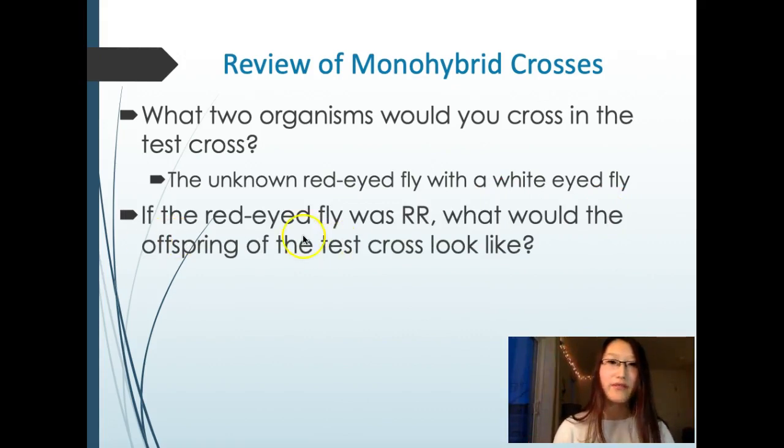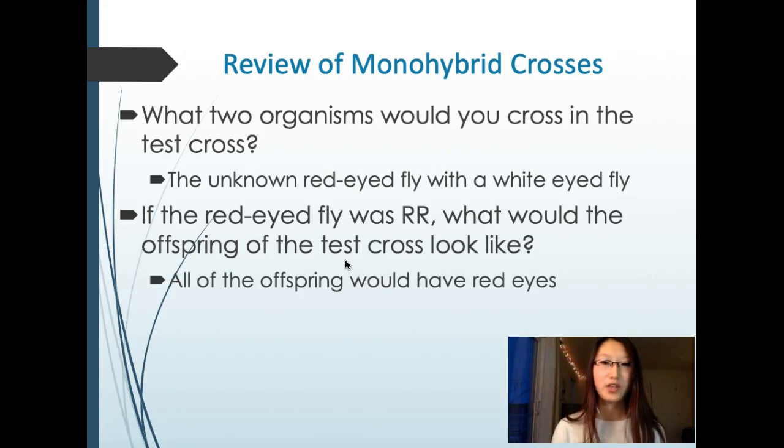If the red-eyed fly was big R, big R, what would the offspring of the test cross look like? On your paper, do the Punnett square of big R, big R. You don't know which one it is, so we're going to try big R, big R first, but we are always crossing it with little r, little r.